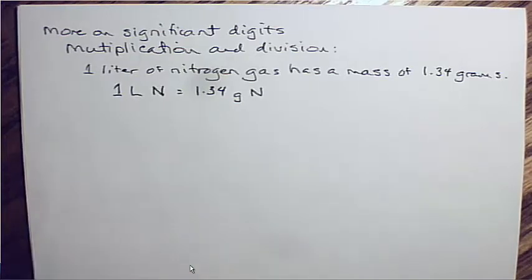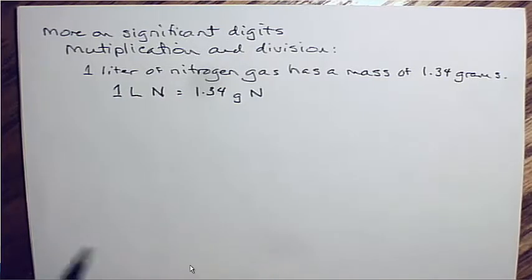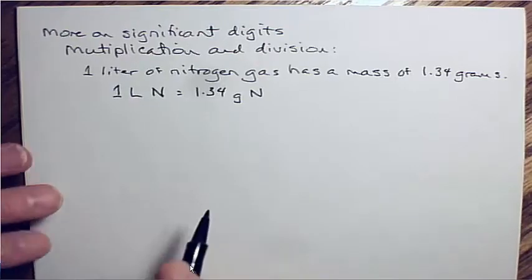And what that's going to do is allow us to build a conversion unit. And we're going to handle conversion units a little bit differently than you may be used to, because I want you to understand where conversion units come from. So what we're going to be doing is building conversion units, not just writing them, building conversion units based on the concept of where they actually come from. And this will give you a deeper understanding of conversion units, which you'll be able to translate into other classes you take.